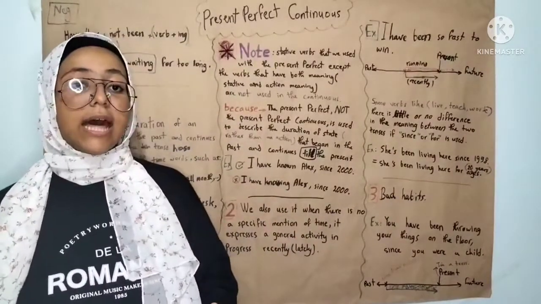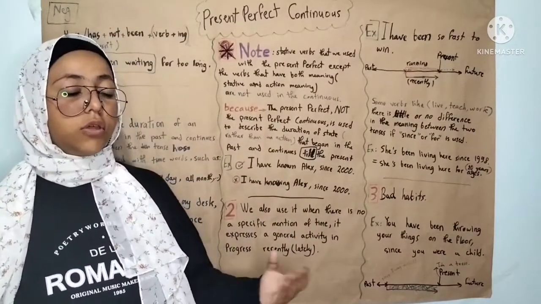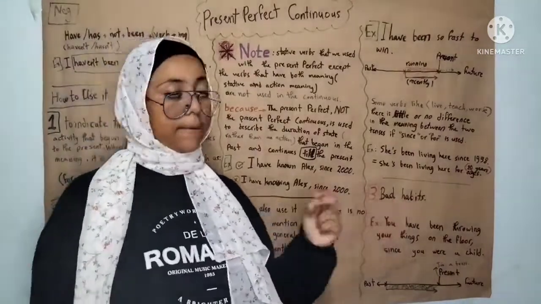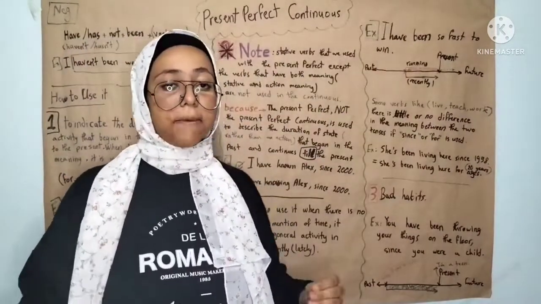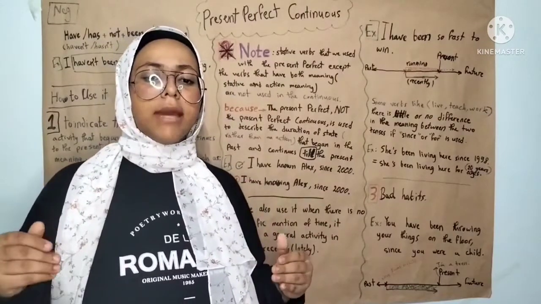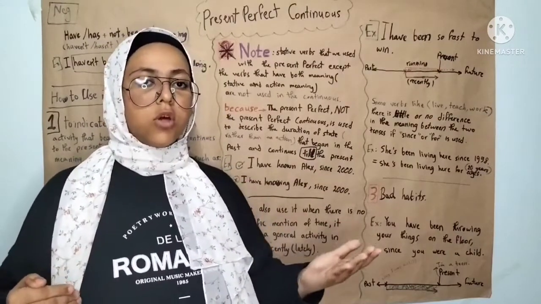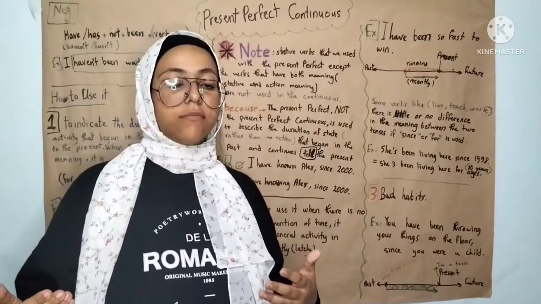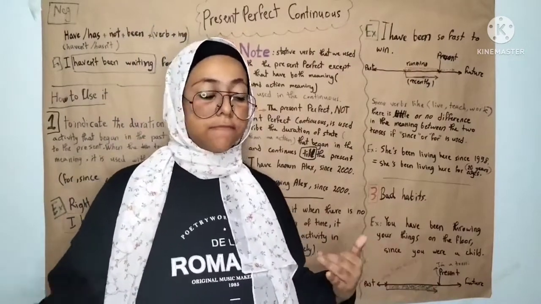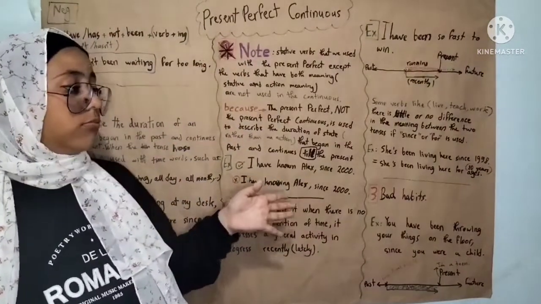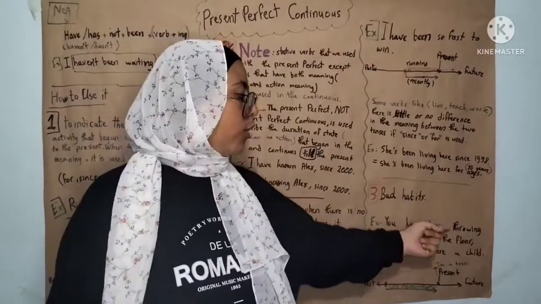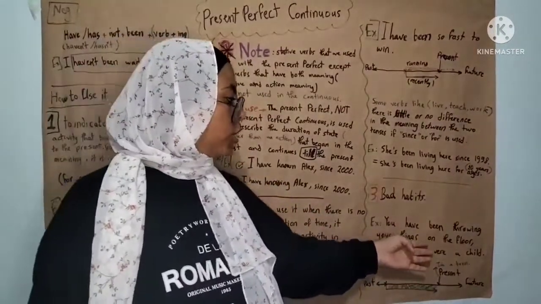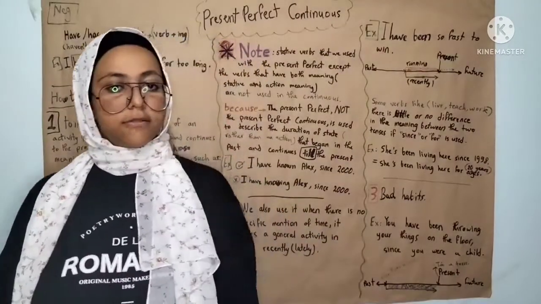The last and third use is bad habits. We use the present perfect continuous to talk about bad habits, things that make people hate us or get angry or get mad at us. For example, my mom always says to me, you have been throwing your things on the floor since you were a child.